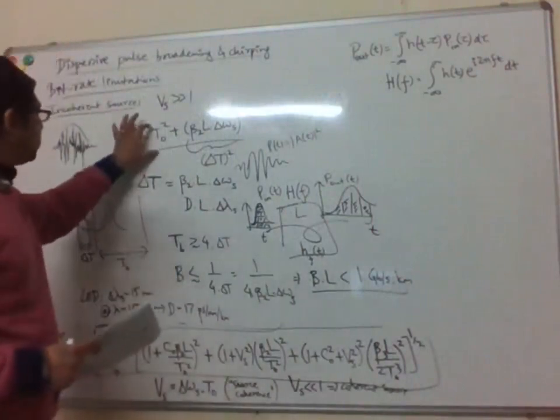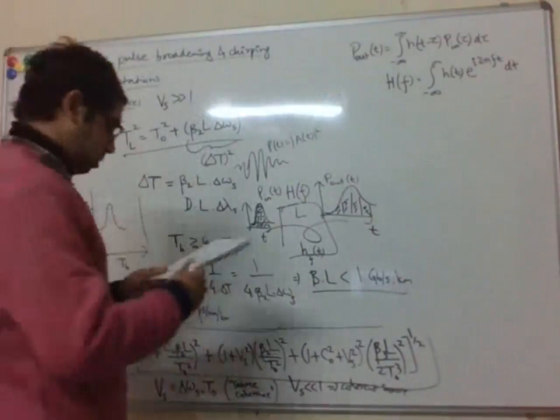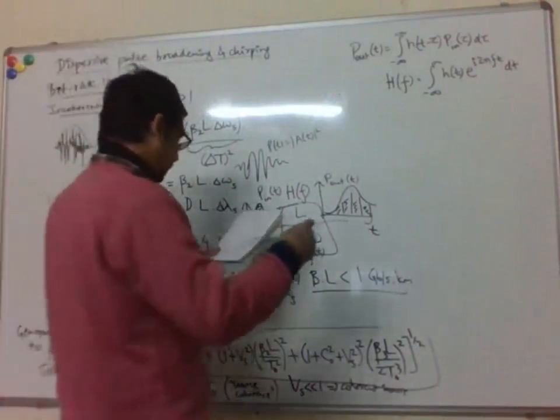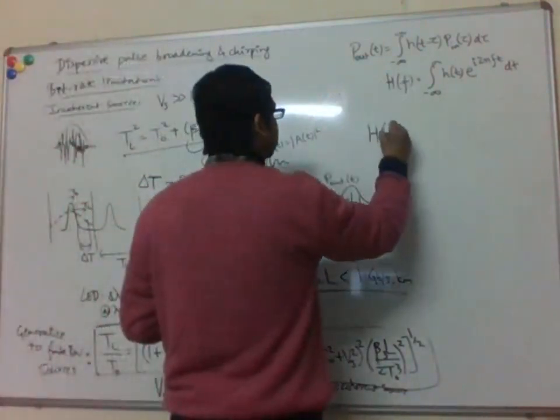So for this case, when the source is incoherent, we won't go through the details again, but we can define this filter function for the fiber.